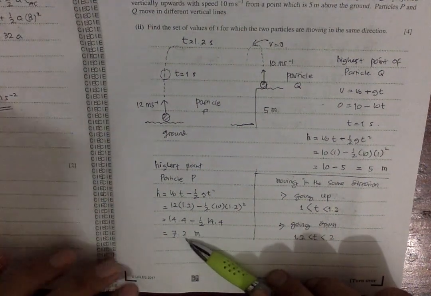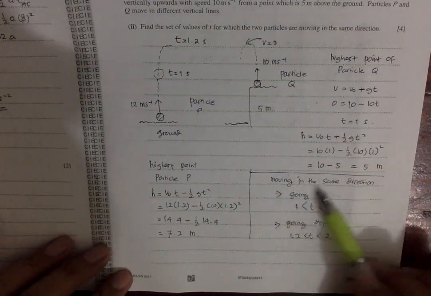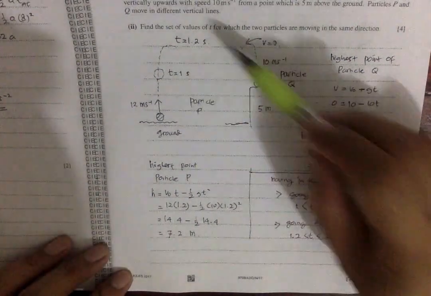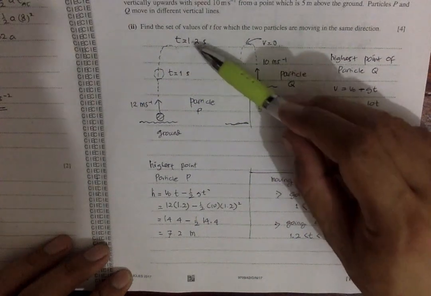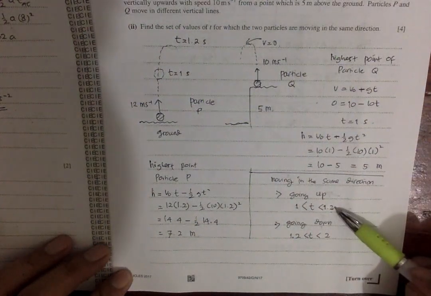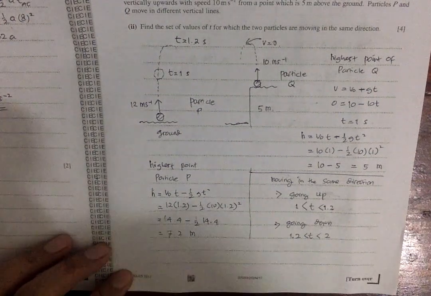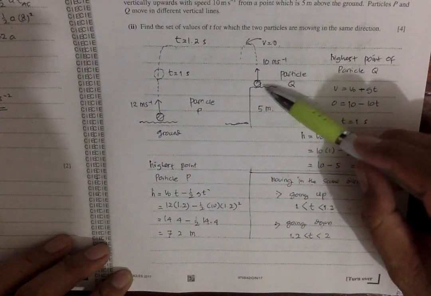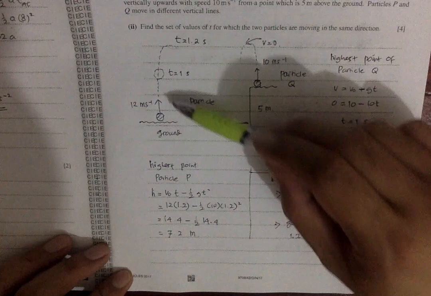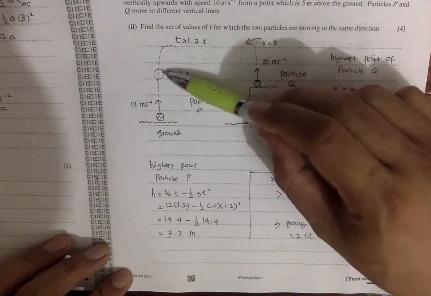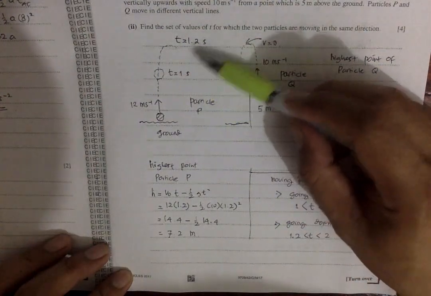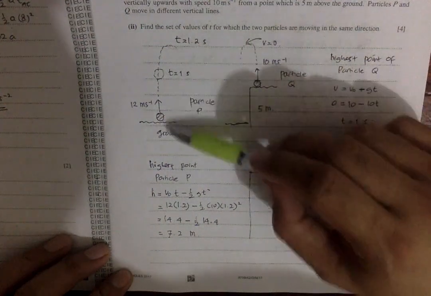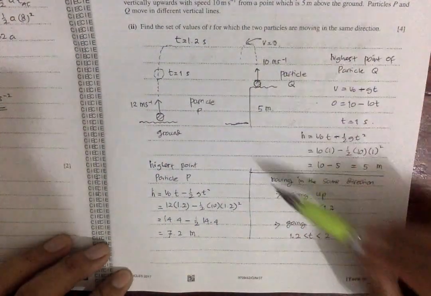Now, they move in the same direction when going up from 1 second until 1.2 seconds, because particle Q needs 1 second but particle P needs only 0.2 more. Then after 1.2, particle P is going down.